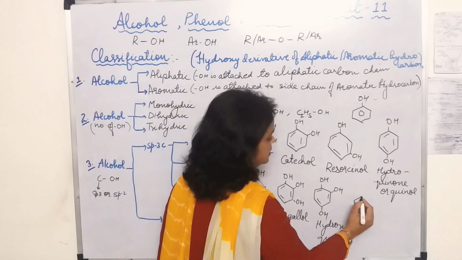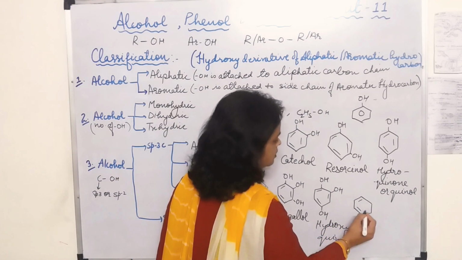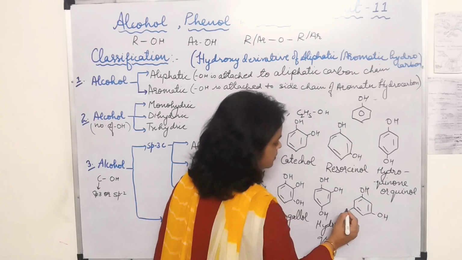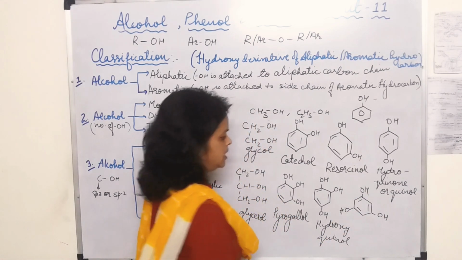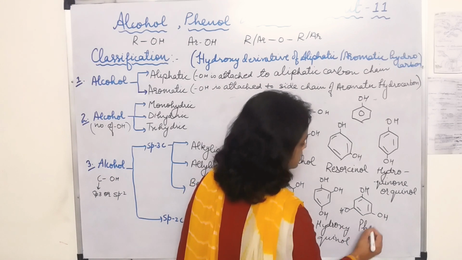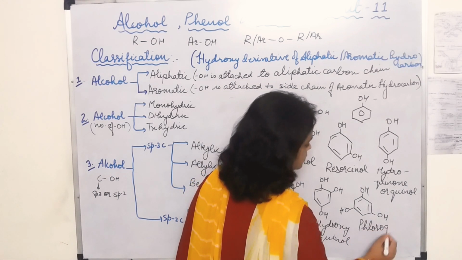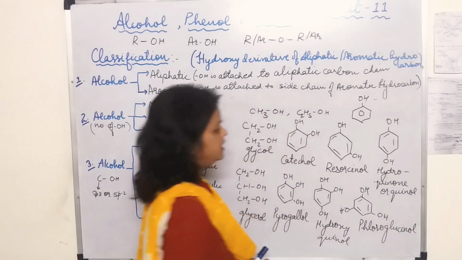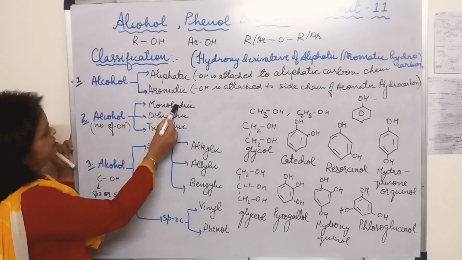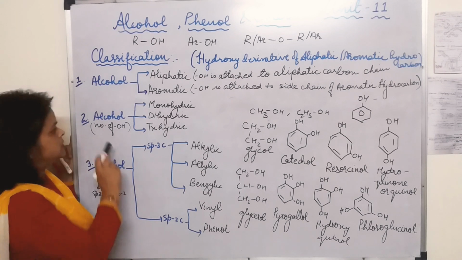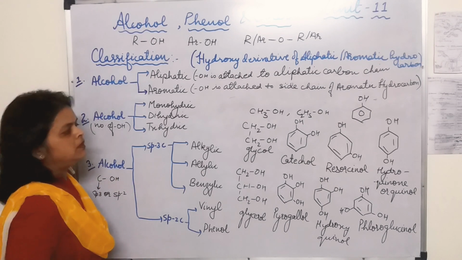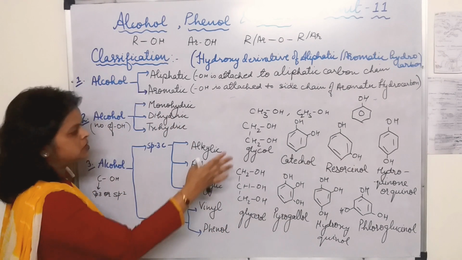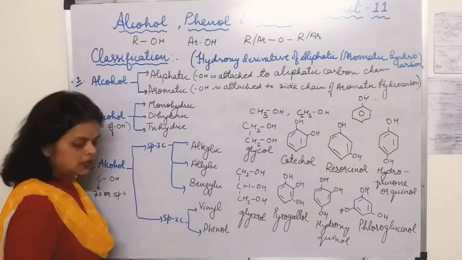And if we have this type of trihydric alcohol, then its name is phloroglucinol. So we have seen 3 different types of alcohol based on the number of OH groups, where we can have different types of examples. By means of different examples, you can elaborate the topic.